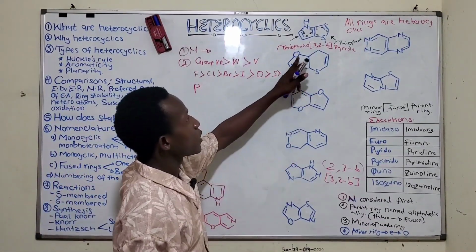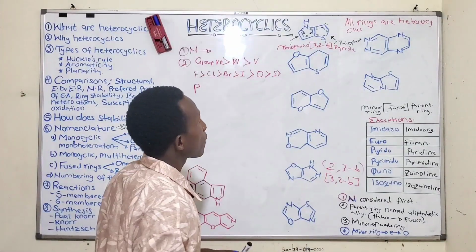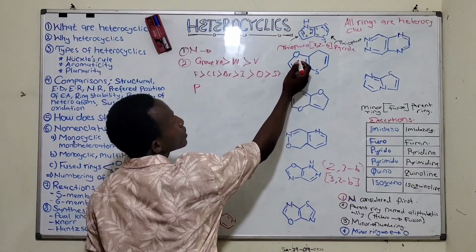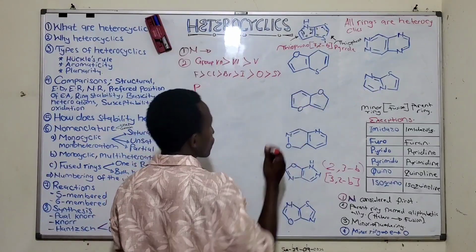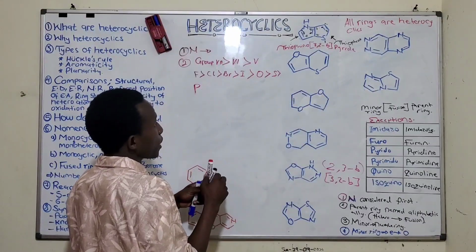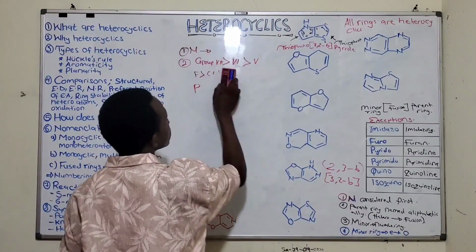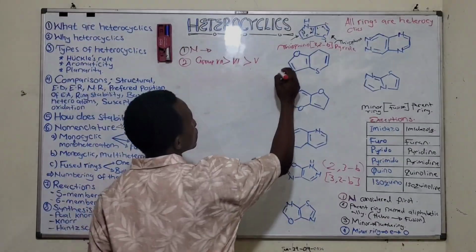Now here we have these 2 rings, but we have oxygen and sulfur. So oxygen is prioritized over sulfur, meaning that to be the parent structure.